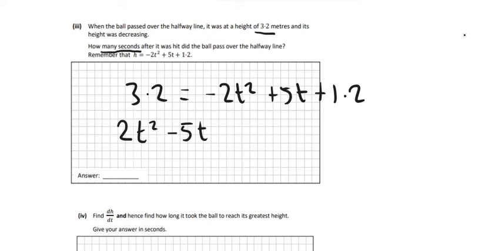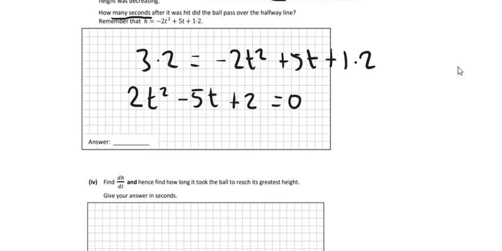Now, actually, I said move the 3.2 over to the right. Let's not, because we want to leave everything equal to 0. So let's move the 1.2 over to the left. So that's a positive 1.2. So when you move it over, you take it away from 3.2. So you're going to be left with plus 2 there. And that equals 0. So that's the quadratic then.